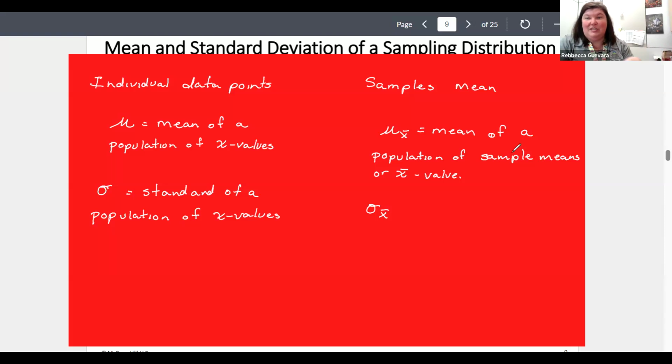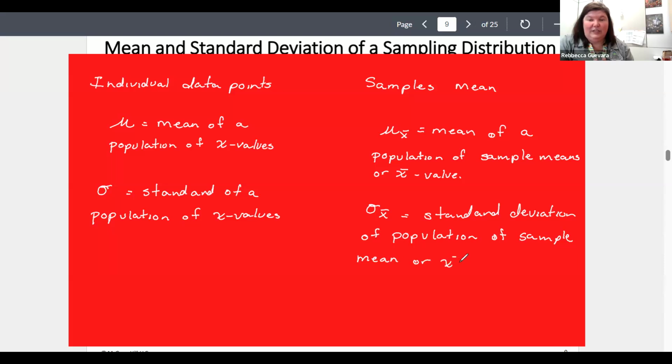You take your bunch of means and you do a mean of the means. And then this is going to be a standard deviation of all those means. This is the standard deviation of a population of samples. So every possible sample that exists is the idea here. Or once again, x bar values.